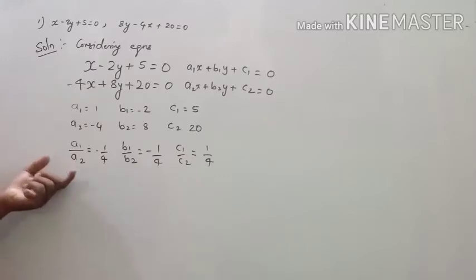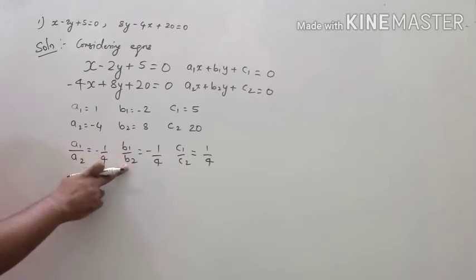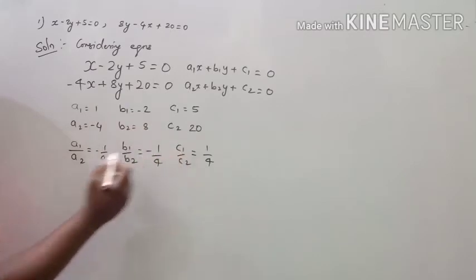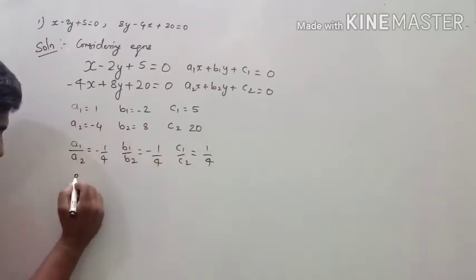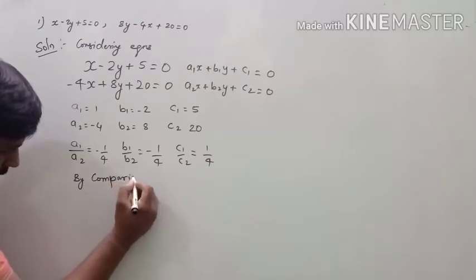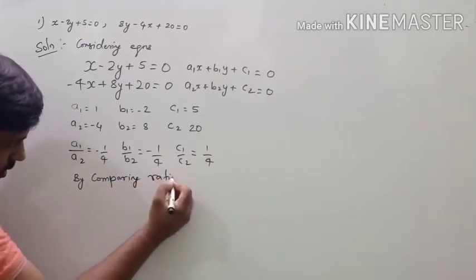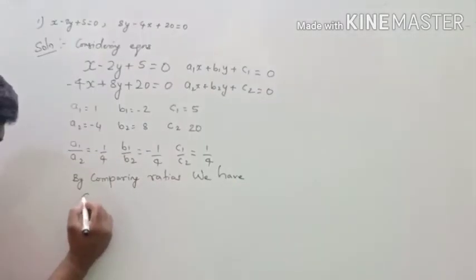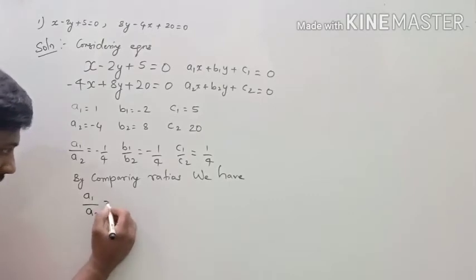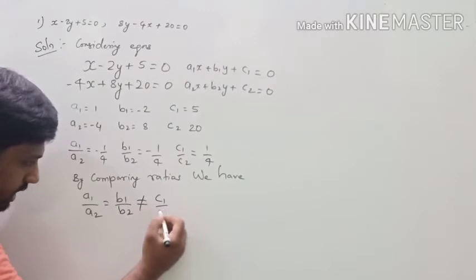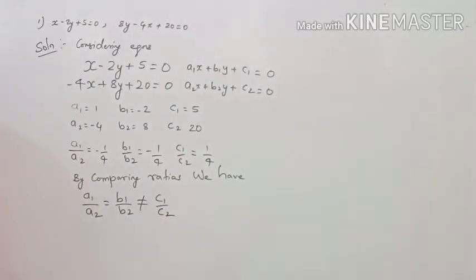If we compare this, see a1 by a2 is equal to b1 by b2 but not equal to c1 by c2. So by comparing the ratios, we have a1 by a2 equal to b1 by b2, which is not equal to c1 by c2. I told you three conditions.